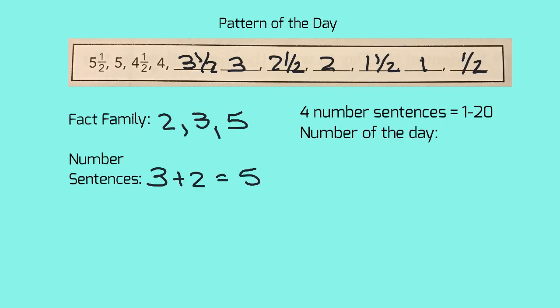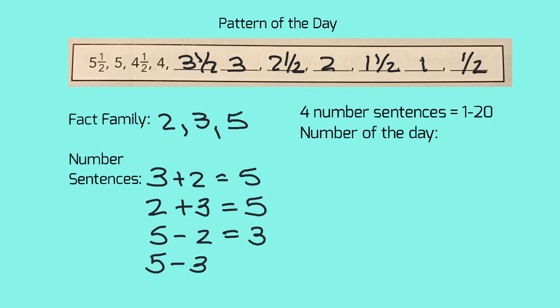And if we continue on with the addition sentence, we would also write down 2 plus 3 equals 5. All right, and so moving on to the subtraction ones, we would start 5 minus 2 equals 3. 5 minus 3 equals 2.